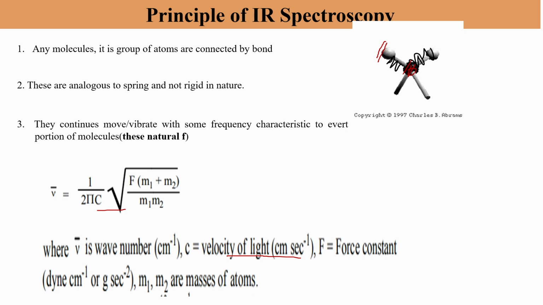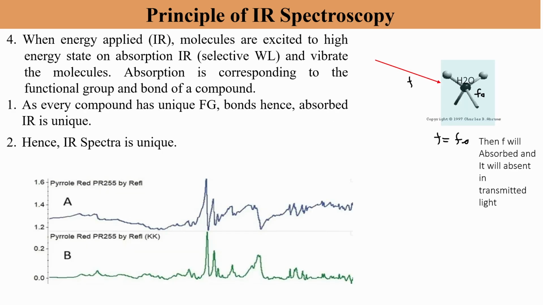Any molecule is a group of atoms connected by bonds. We can say it is like a spring model, and on the basis of the spring model, the frequency can be calculated. When the energy of the molecules is excited to a high energy state, IR absorption, vibration of the molecules and absorption take place.